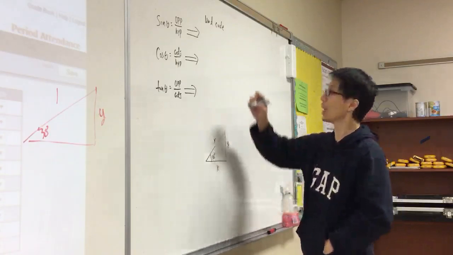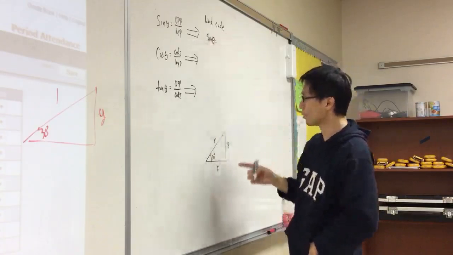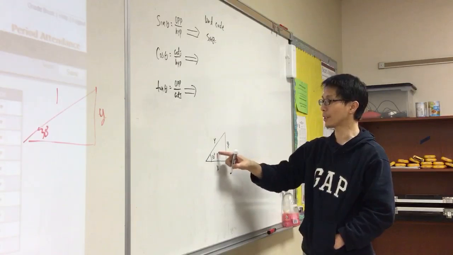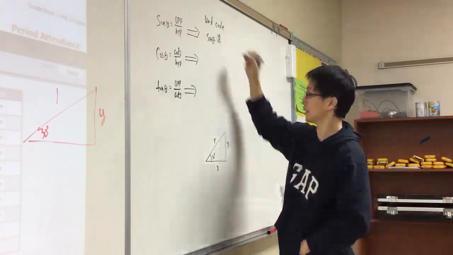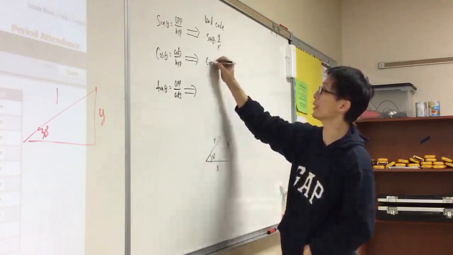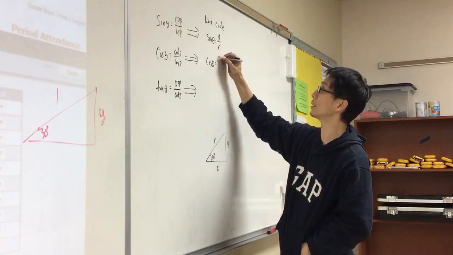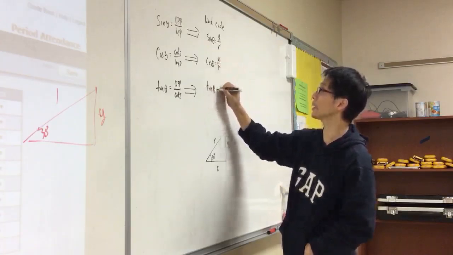So therefore, I can say sine of theta is equal to, well, this one's opposite, which is y. Hypotenuse is r. So cosine theta is equal to what? X over r. Tangent theta is equal to what?